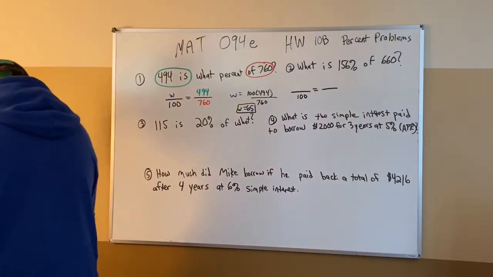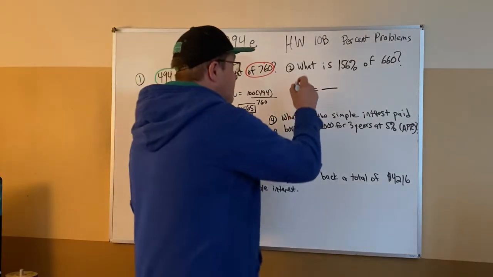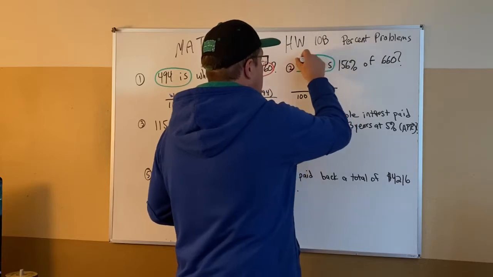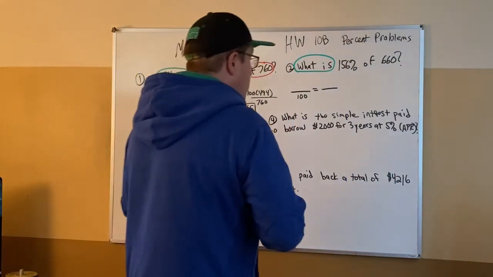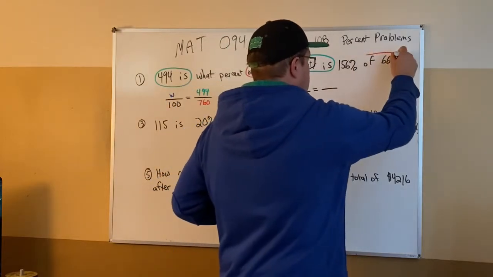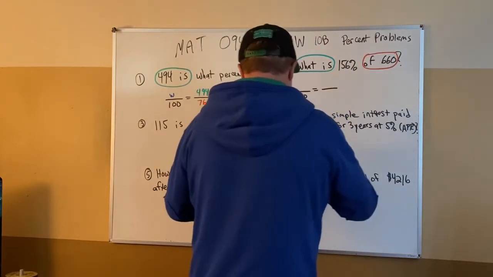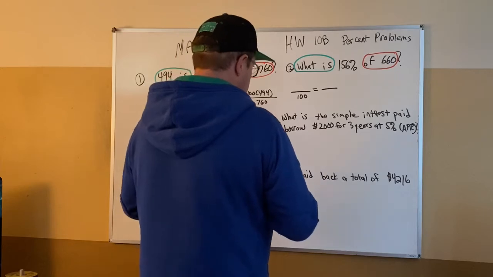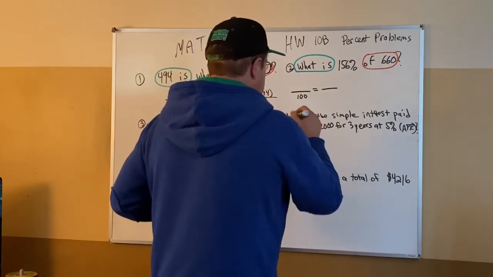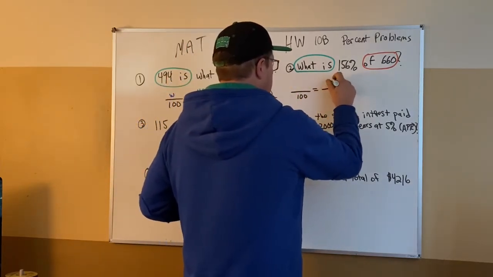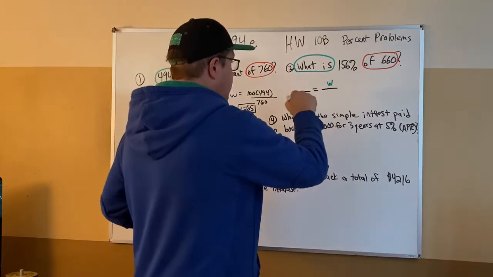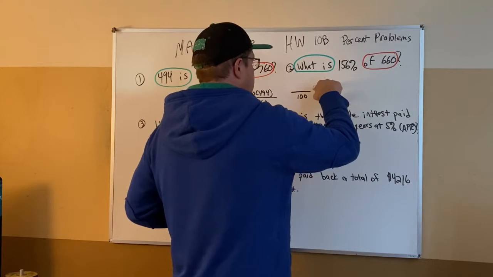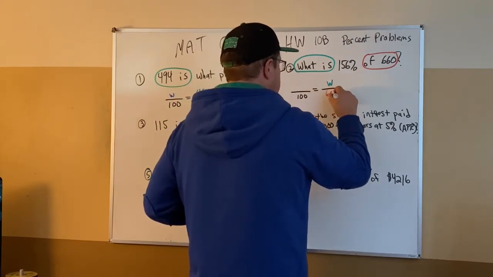Again. What goes with is? 660 in this case goes with of. So the thing that I don't know is the is. Percent over 100 equals is, that's what I don't know. And I see my of 660: percent over 100 equals is over of 660.